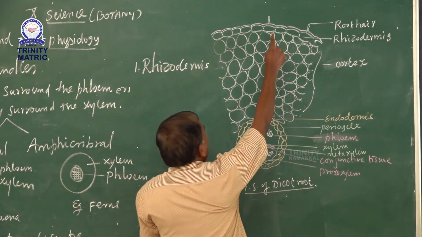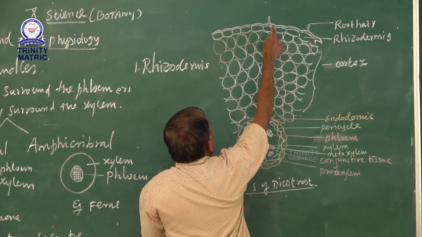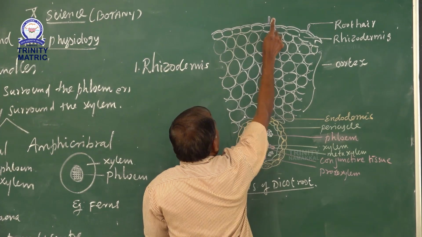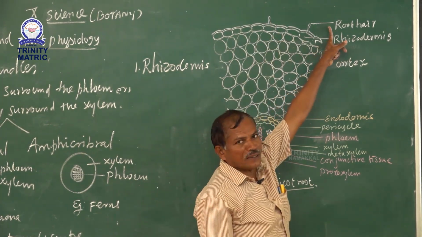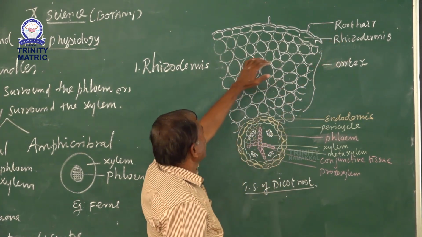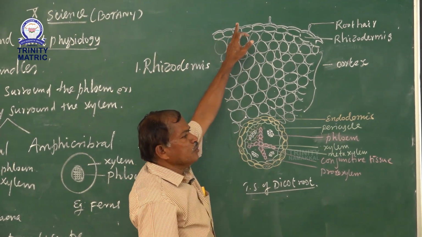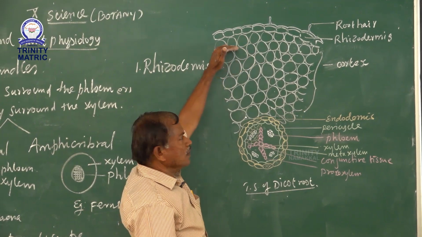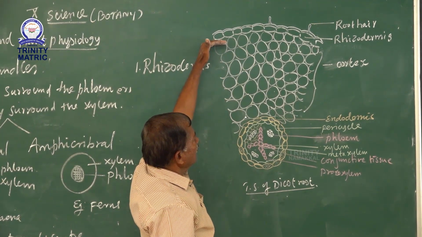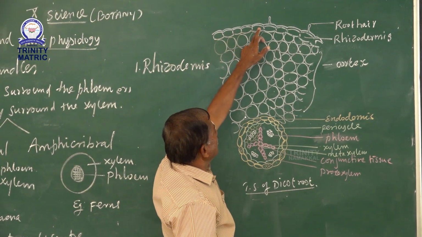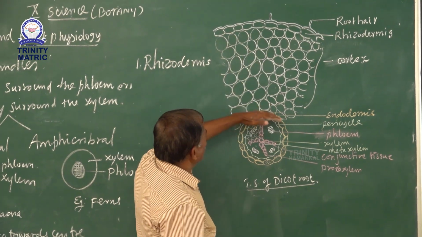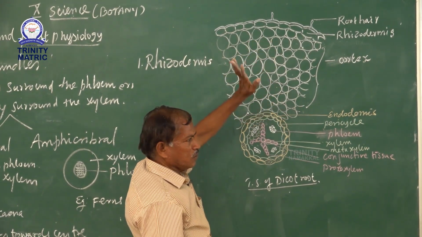The outermost rhizodermis has small unicellular outgrowths called root hairs. In the root, the stomata and the cuticle are absent. So the rhizodermis also protects the inner tissues of the root.